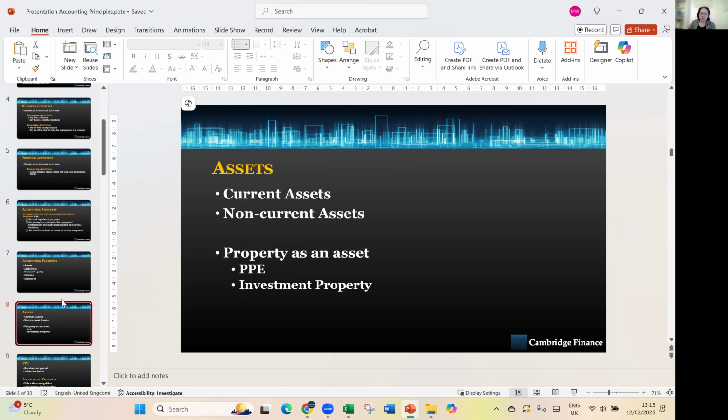Another thing we need to be aware of is in terms of the balance sheet, we have what we call current assets and non-current assets. The current assets tend to be the part of up until 1 year. So if you have, for example, a cash balance there that you can use straight away, then it's going to be the current assets.